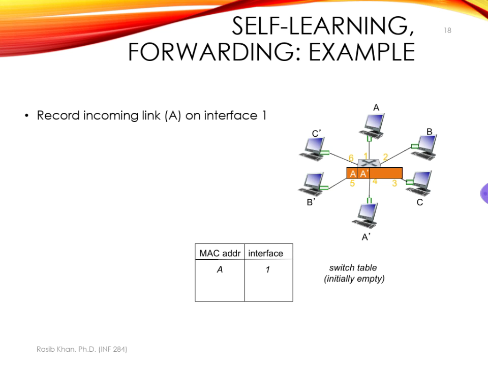It's just a bonus information that the switch can gather. Next, the switch sees that the destination MAC address is unknown. It does not have anything to show where the destination is located from the current status of the MAC address table. So it will then flood it out to all the other interfaces except interface 1.